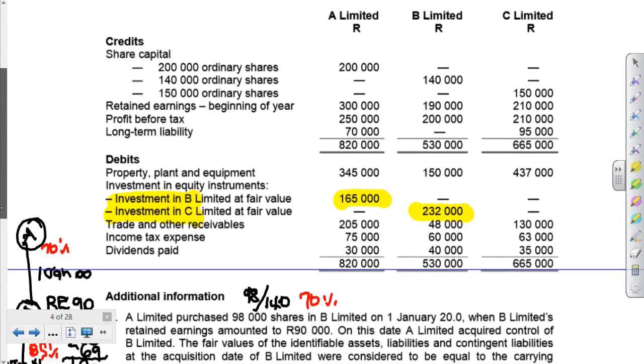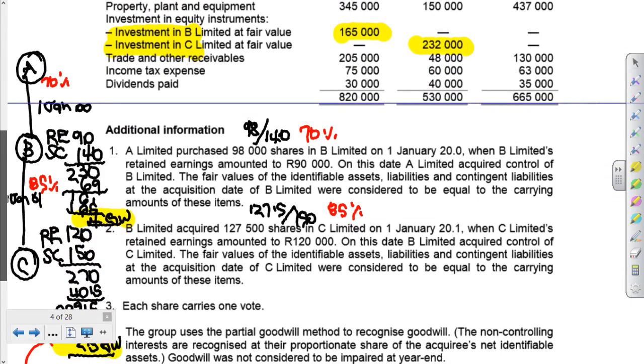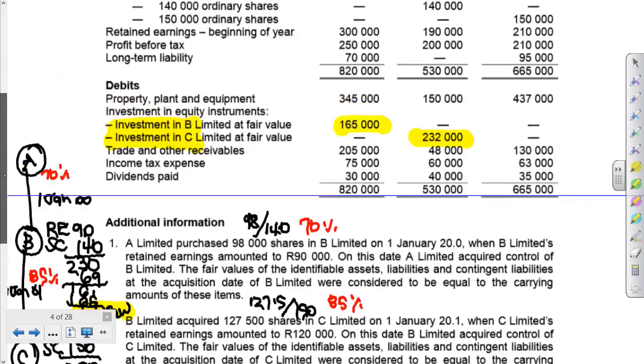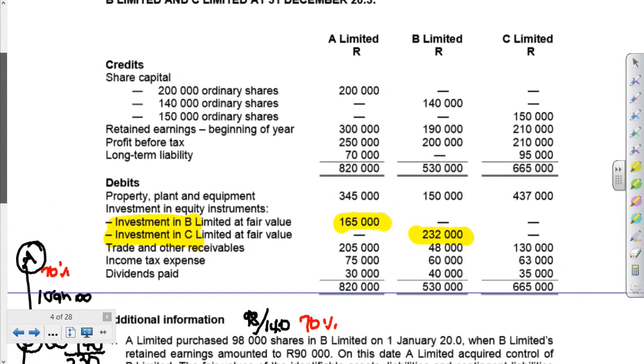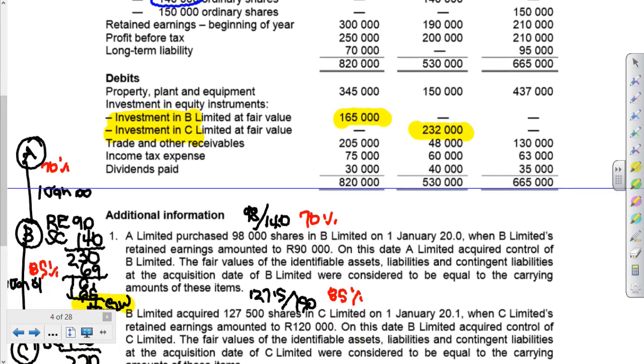All right, so if we look at the additional information, A purchased 98,000 shares in B. I immediately work out the percentage. B has 140,000 shares. A bought 98 of 140. A bought 70% of B, and they bought it on the 1st of January 2000.